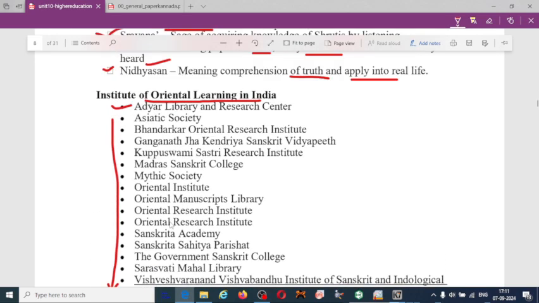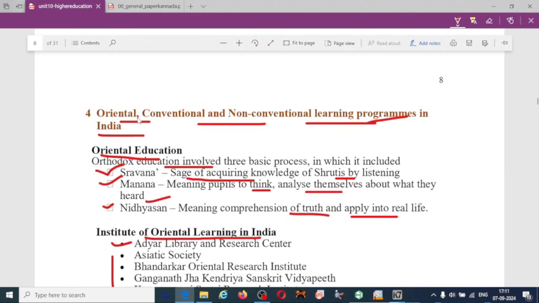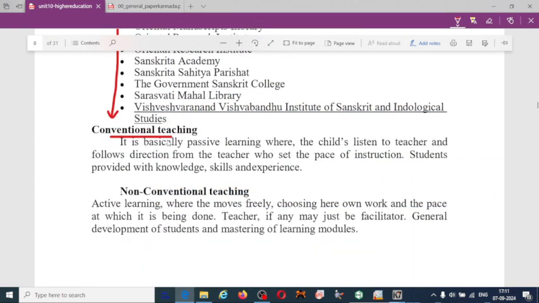Conventional teaching. So we are discussing about oriental, conventional and non-conventional learning programs in India. So conventional teaching means what? It is basically passive learning where the children listen to the teacher and follow directions from the teacher who sets the pace of instruction. Students are provided with knowledge, skills and experiences.